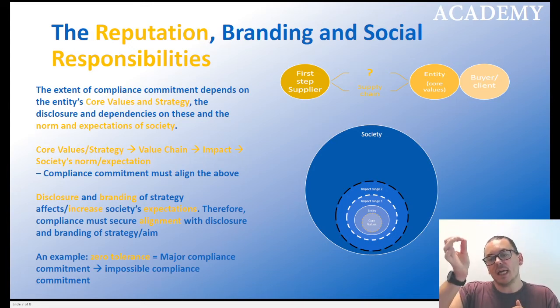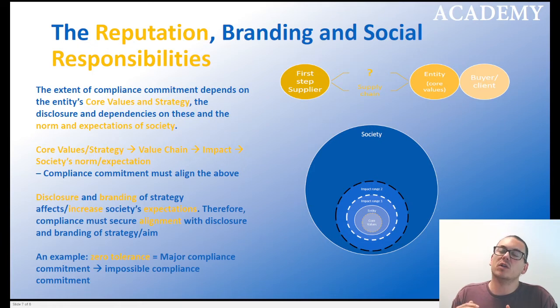So if you create that alignment, you need to know how far should I go with my compliance commitment, and that depends on who you are, what's your strategy, who are you collaborating with, what's your impact factor. Then you can try to estimate the actual expectation and the social norm on your compliance commitment, and that is what you should do.